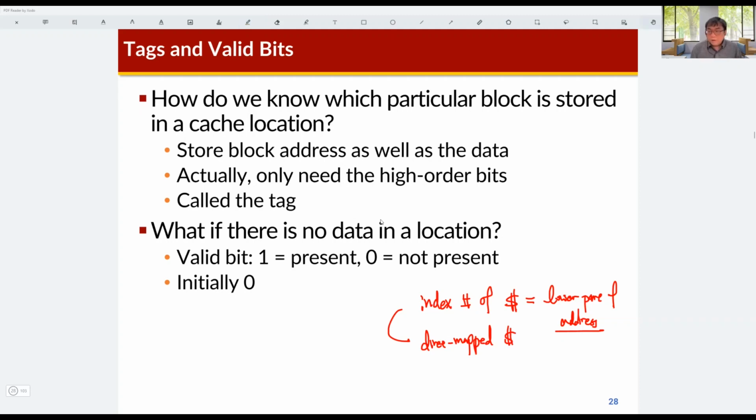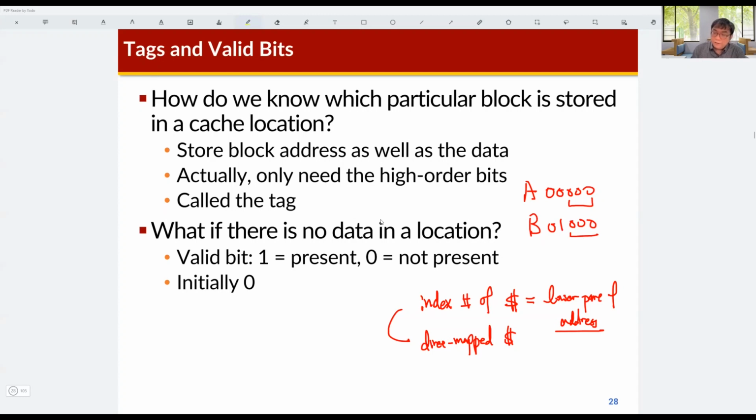If two data have the same lower part of addresses, that means the index number of the cache is the same. Like this is A, and this is B, and the address of A is 00000, and the address of B is 01000. Let us assume that we use the lower 3 bits as the index of the cache.